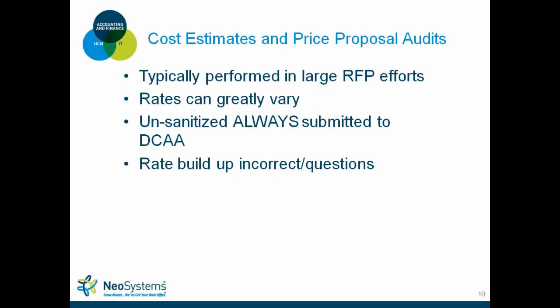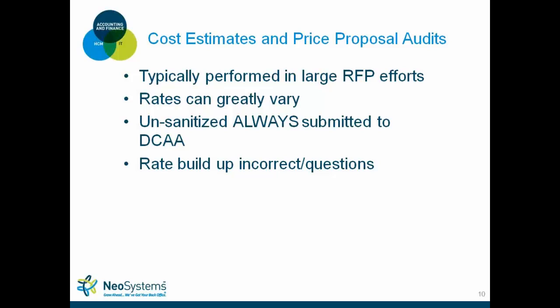So typically, these type of audits are performed in large RFP efforts or in efforts that greatly increase your employee count or revenue count. So if you're sitting at 20 employees right now and you're going after an RFP that's going to double the size of your company, you're essentially going to, quote-unquote, forward price out your rates or provide what those provisional rates will look like at the end of the year if you win this particular type of contract.